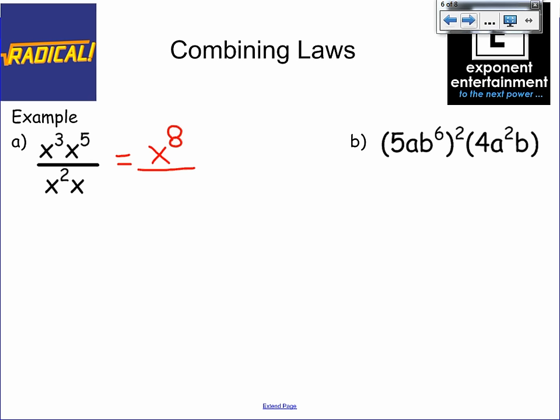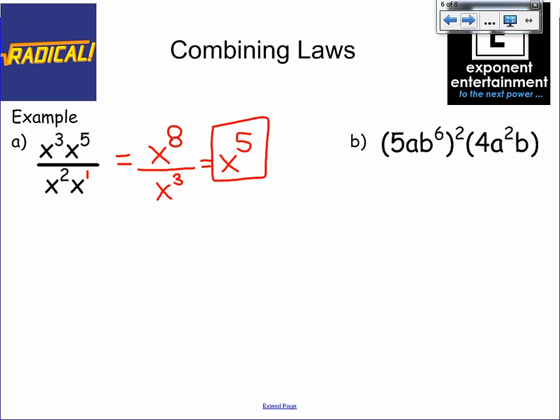It's just not there because we don't write exponents of 1. And it simplifies to x to the power of 3. We now can use our quotient law, which allows us to subtract our exponents, leaving us with x to the power of 5. Because 8 minus 3 is 5.